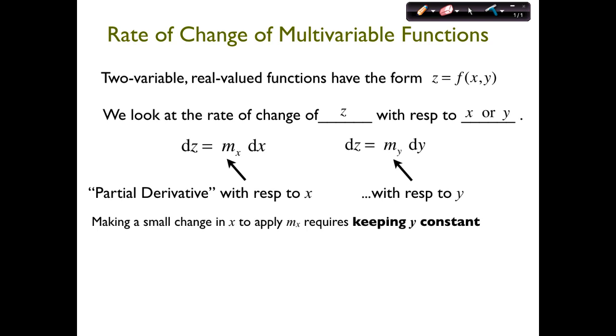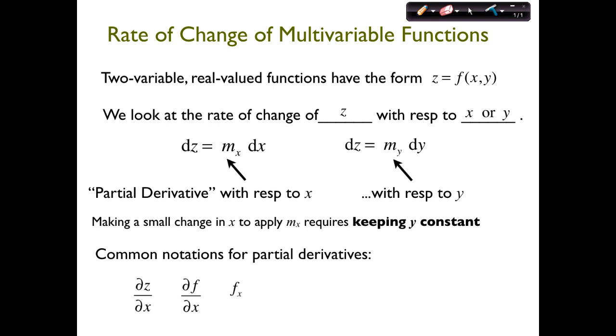Okay, so notations for the partial derivatives. These all mean the partial of z with respect to x. This is like a Greek lowercase delta. So instead of using d's, use this delta sign, and that means partial derivative. So partial of z with respect to x, partial of f with respect to x, or the easiest way: if the function is f, just write f subscript x.